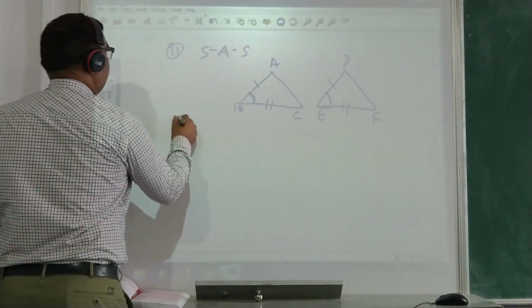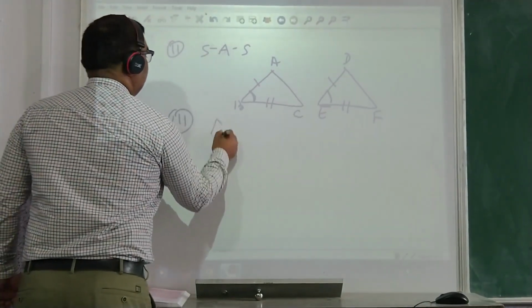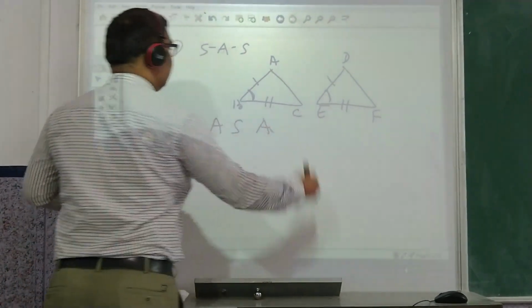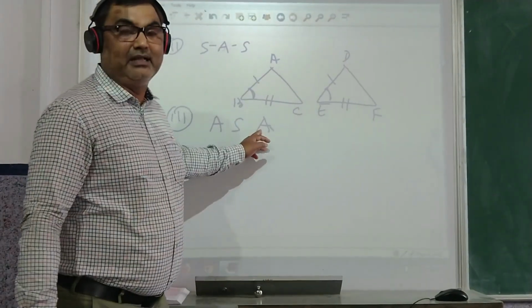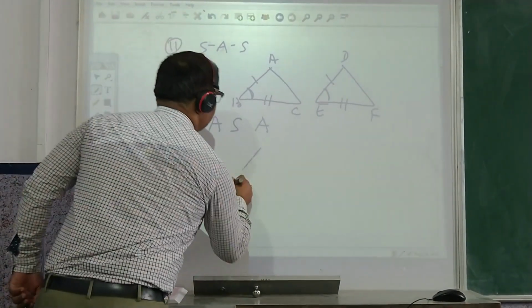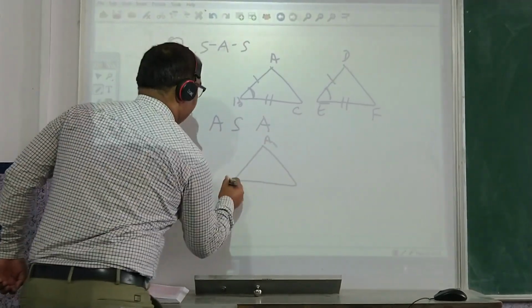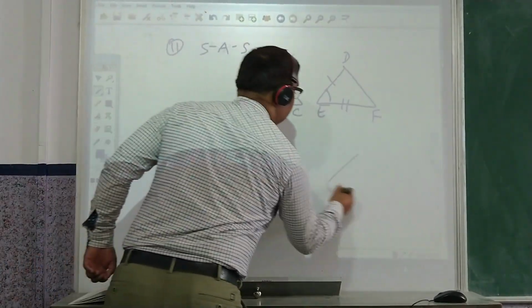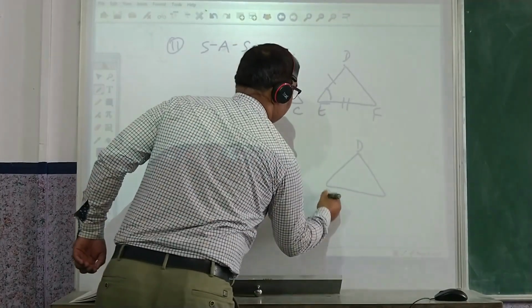The third criteria is ASA. Angle side angle: two angles and the included side. Suppose there ABC is there, DEF is there.